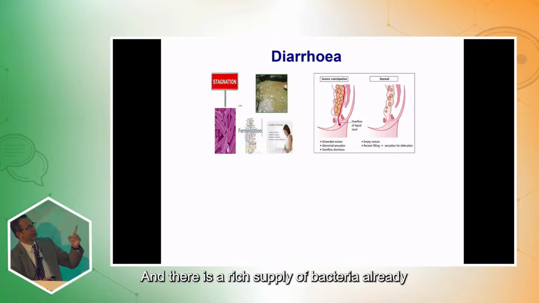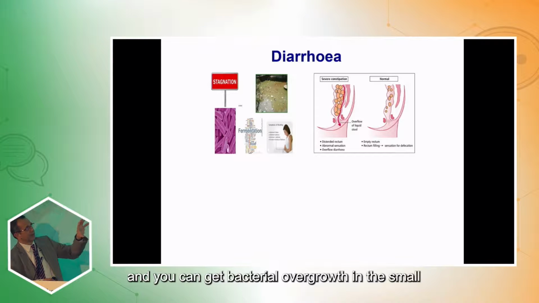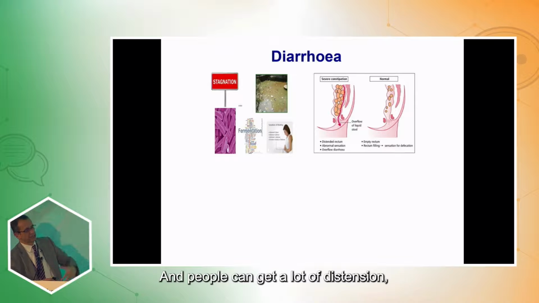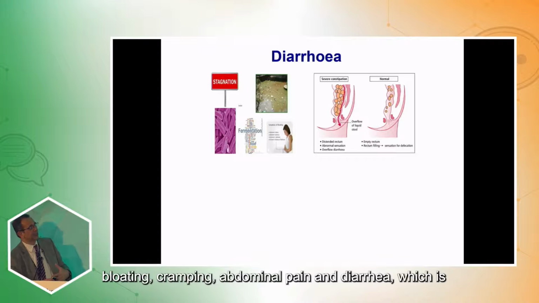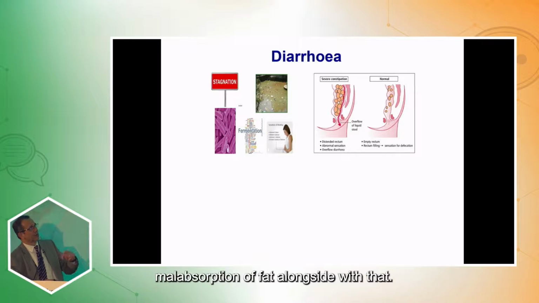There is a rich supply of bacteria already in the bowel, mostly in the large bowel, but that translocates and moves into the small bowel. And you can get bacterial overgrowth in the small bowel, which then starts to ferment your food, and people can get a lot of distension, bloating, cramping, abdominal pain, and diarrhea, which is often fatty, oily looking diarrhea, because you get malabsorption of fat alongside with that.